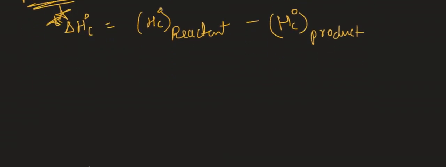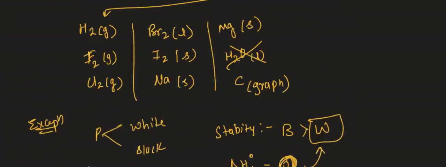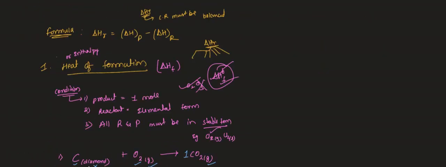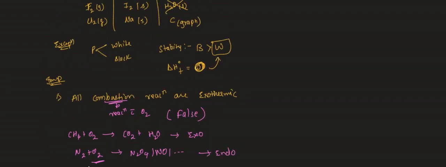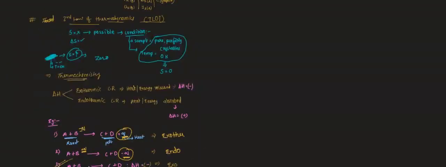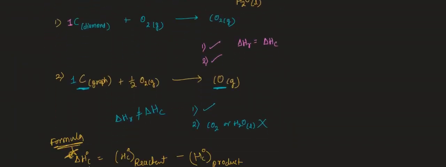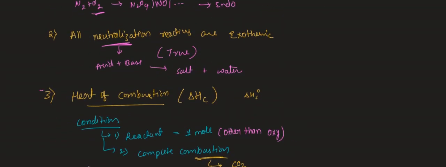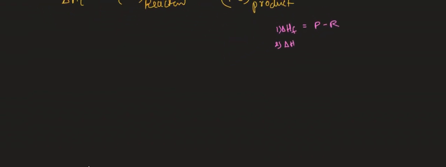So till now, how many headings have we completed? Heading one was heat of reaction; the formula for delta HR is product minus reactant.